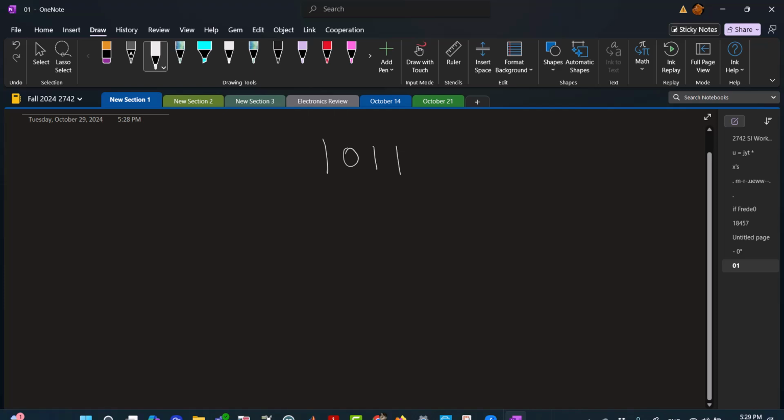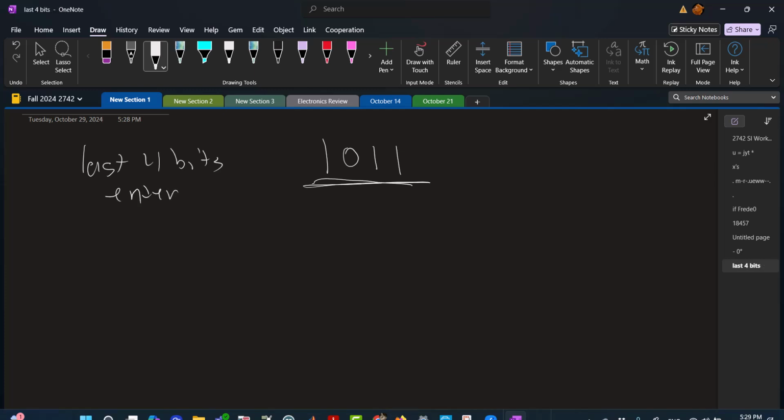So we want to think about the ways to get to 1 0 1 1. What this means is that the last 4 bits entered were 1 0 1 1.